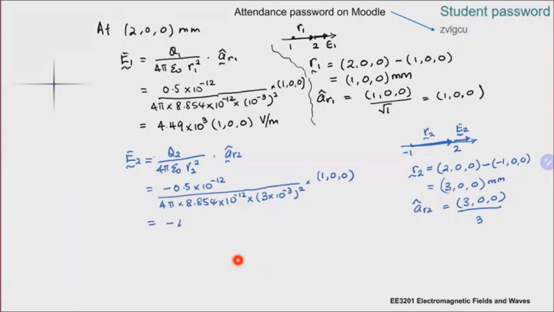This gives us minus 4.9 times 10 to the 2, 1, 0, 0 volts per meter.